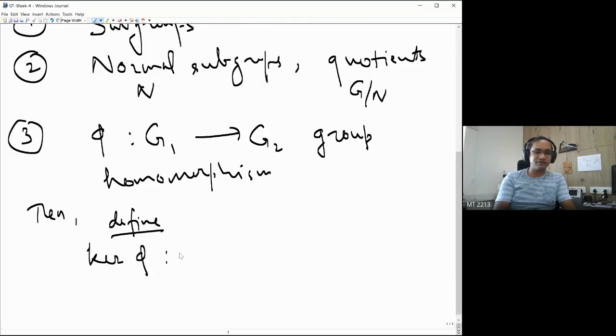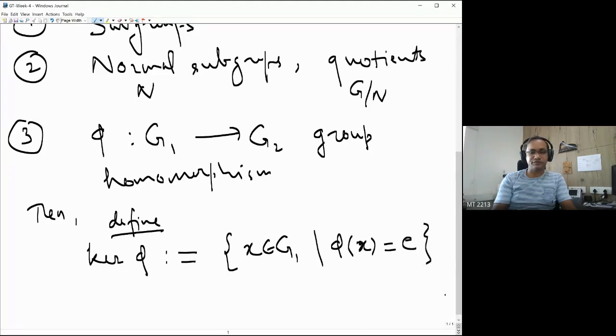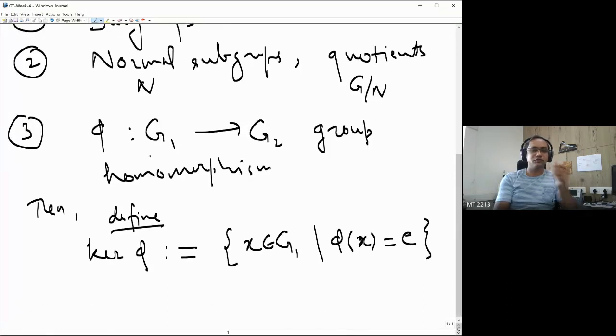The kernel of this map phi is by definition the set of those elements in G1 which under the map phi go to the identity of G2. Look at all those elements of G1 which go to the identity element in G2. Certainly this contains the identity, so this is always a non-empty subset.